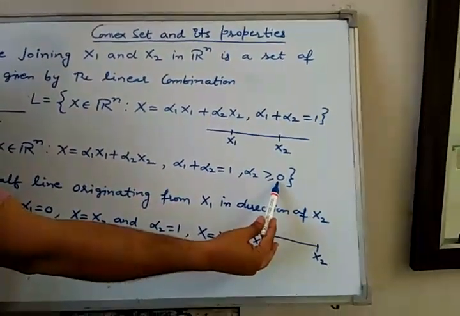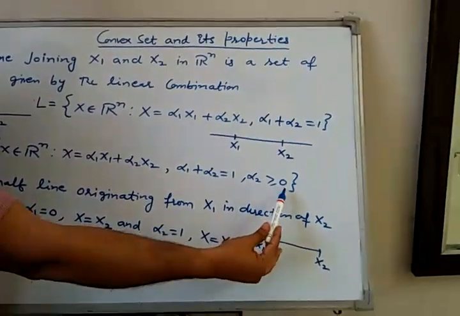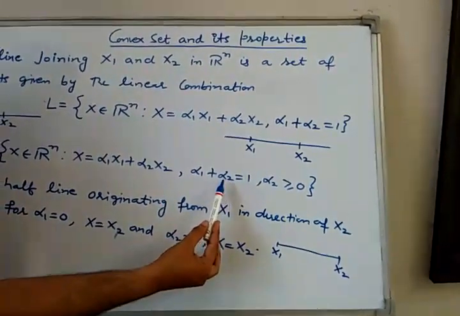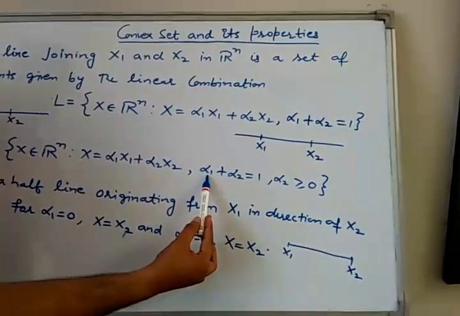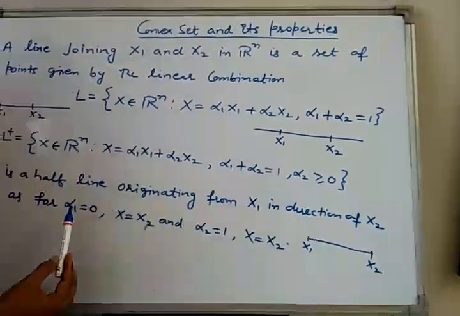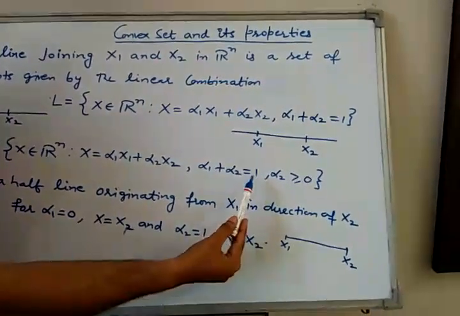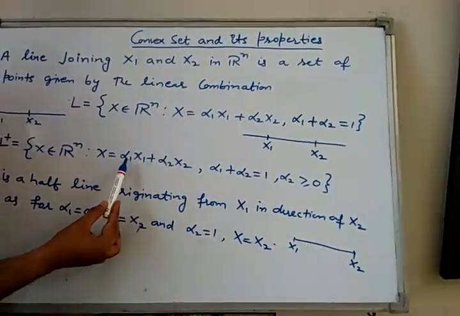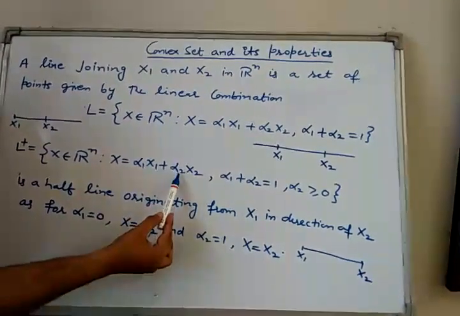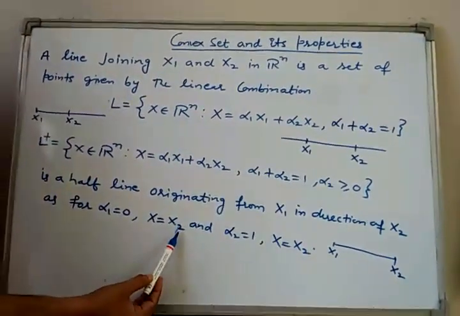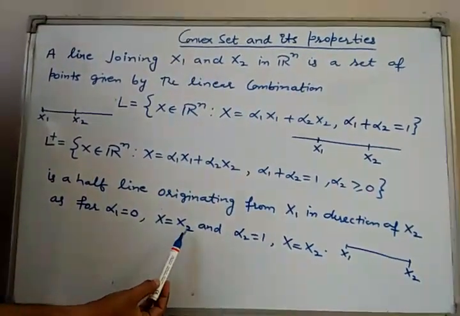The least value of alpha 2 is 0. If we put 0 here, we get the value of alpha 1 is 1. Putting alpha 1 equal to 1 and alpha 2 equal to 0, we get x equal to x1. Clear?